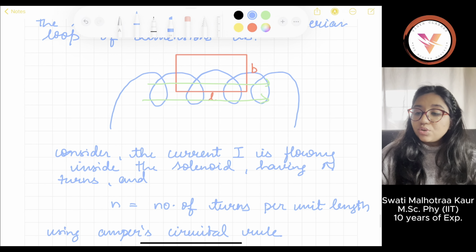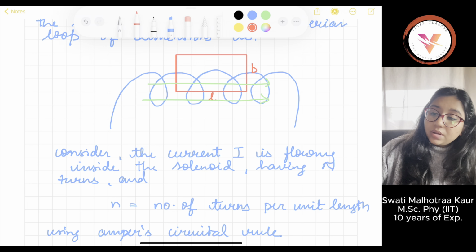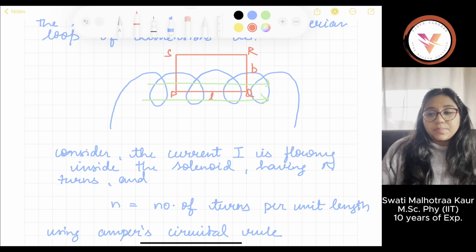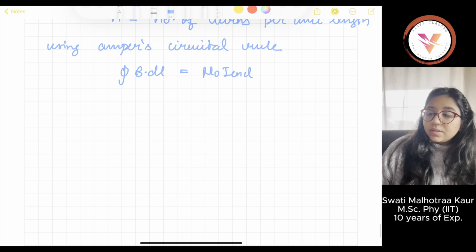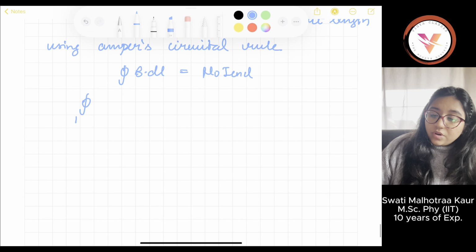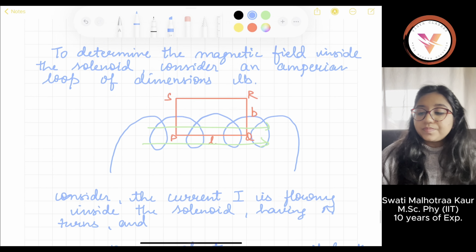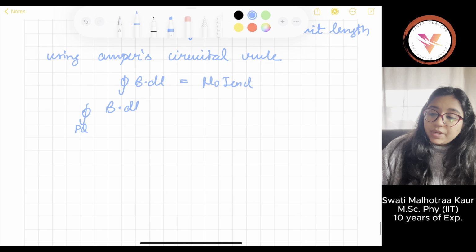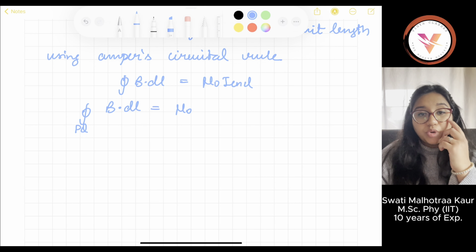Okay. So we are doing this first for PQ, then QR, then RS, then SP. So for PQ, you can use B dot dl is equal to mu naught I enclosed. And what would be the I enclosed?